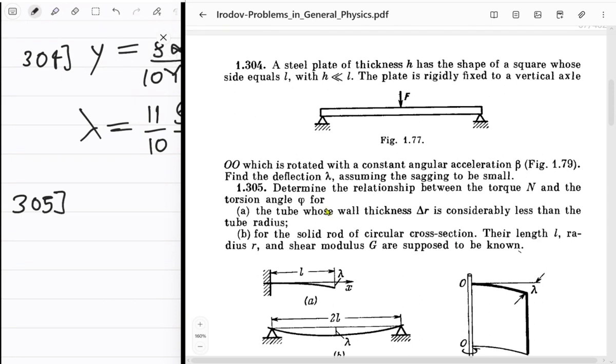Determine the relationship between the torque and the torsion angle for the tube. Oh God, I don't know anything about torsion. That's really out of syllabus for me right now. Oh, the tube whose wall thickness delta R is considerably less than the tube radius. Wall thickness and tube radius.